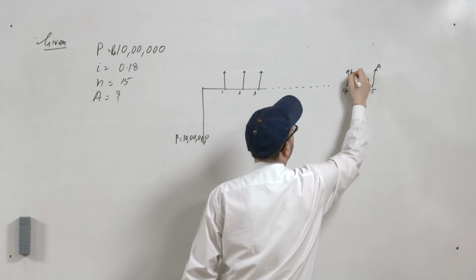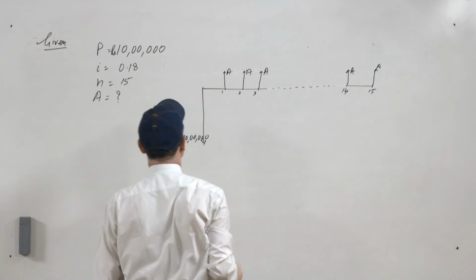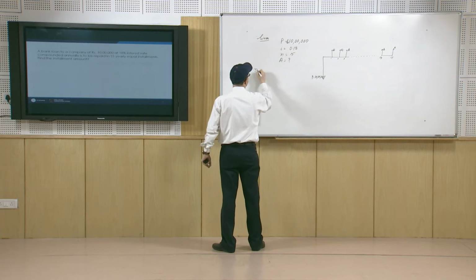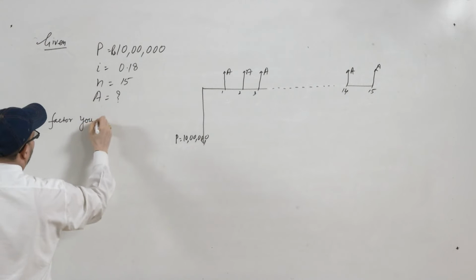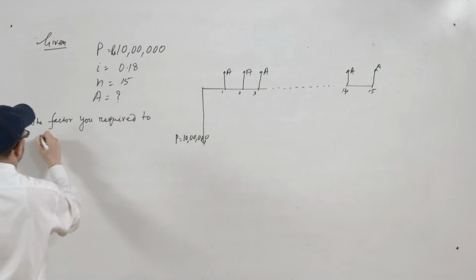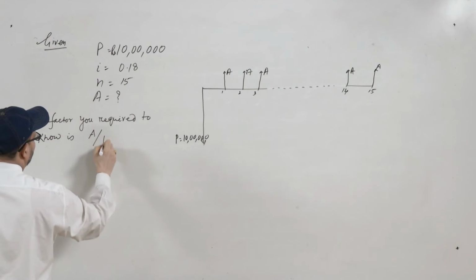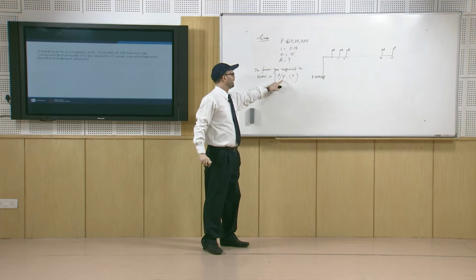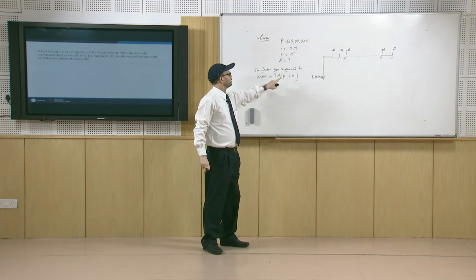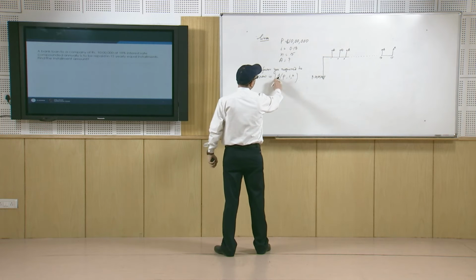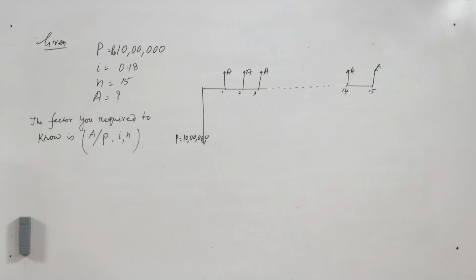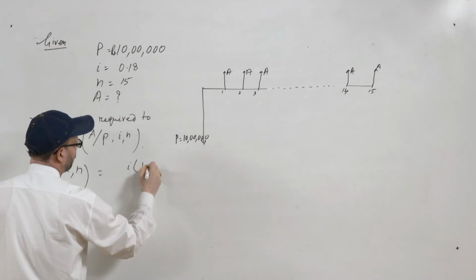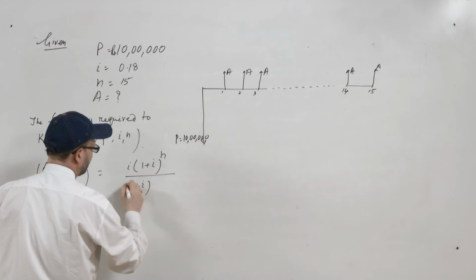So, this is A. Basically, it is a series where the factor you require to know is A by P, i, n, because you know P, and when you multiply by this factor, this will give you the required amount of A. We know this factor comes out to be i into (1 plus i) raised to the power n, divided by (1 plus i) raised to the power n minus 1.